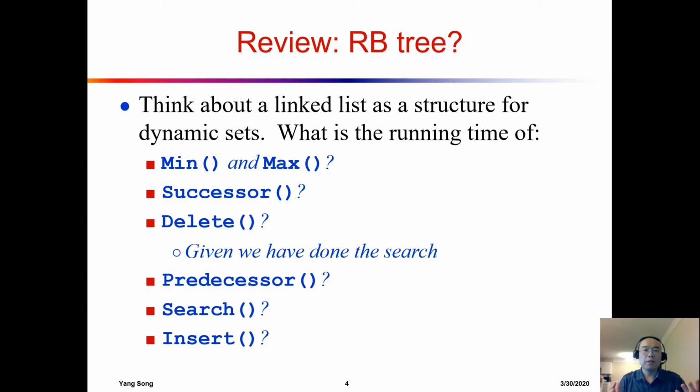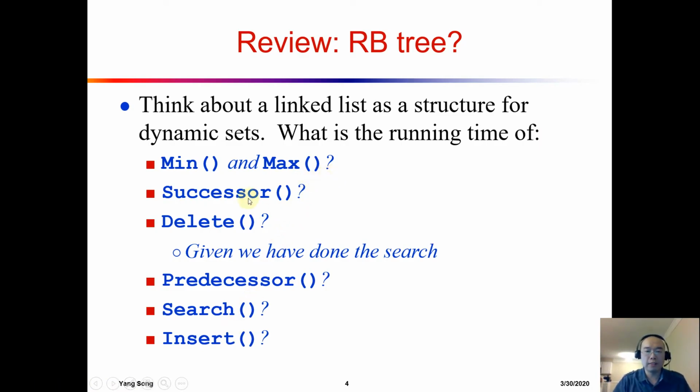How many steps are we going to go? Either going to the left side or to the right side, and you should remember that will be O(log n), because the height of the tree is O(log n). We only have to go from the root all the way down to one side to the bottom, and then we find the maximum or the minimum. So for the max and min, they can be done in O(log n) time.